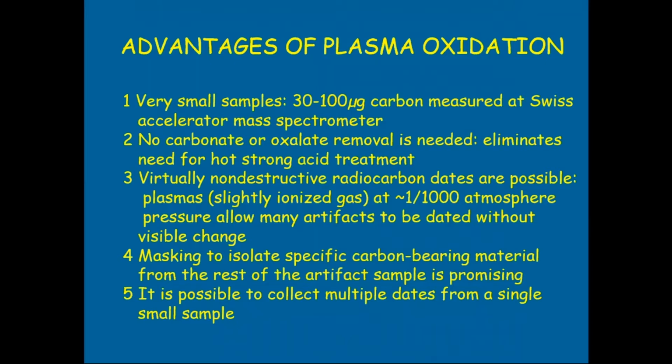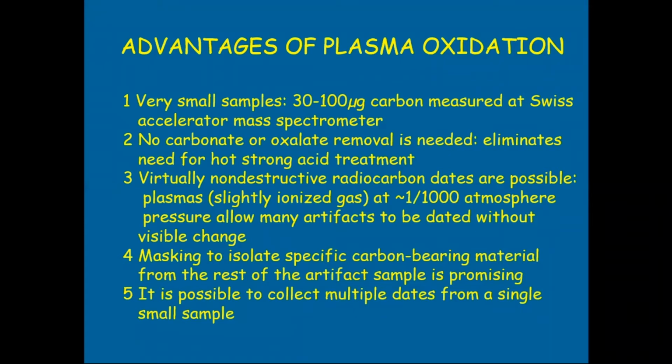There are some advantages to the plasma oxidation over the traditional way of dealing with radiocarbon samples. First, we can use very small samples. 30 to 100 micrograms is all that the Swiss Accelerator Mass Spectrometer Lab that measures the radiocarbon content asks us for. And that's 30 millionth of a gram, which is difficult to see with the naked eye.